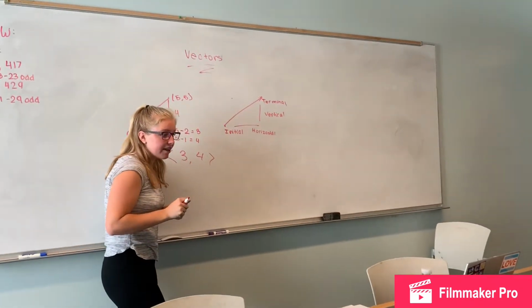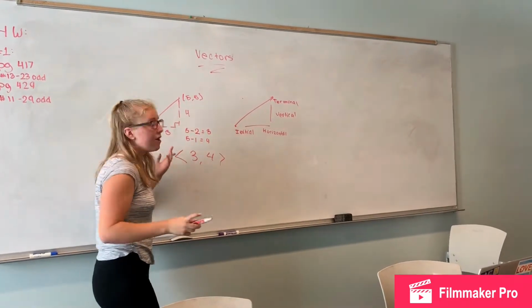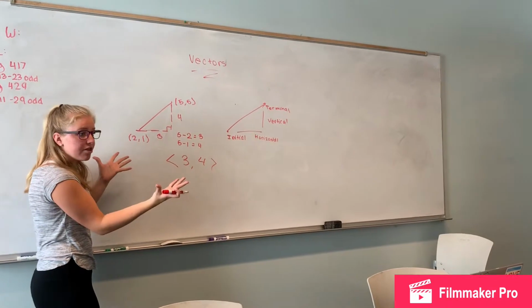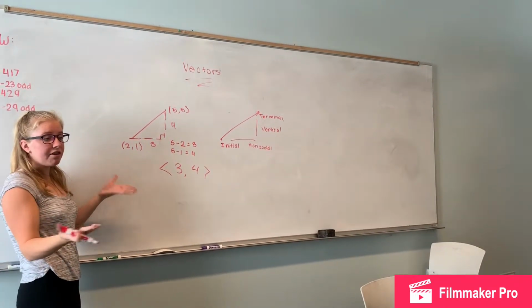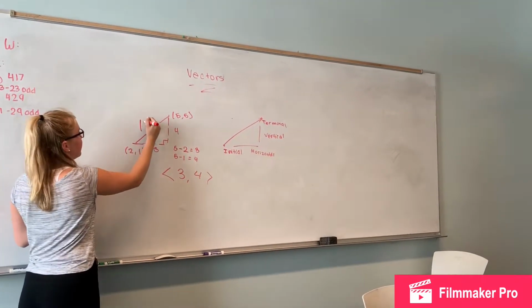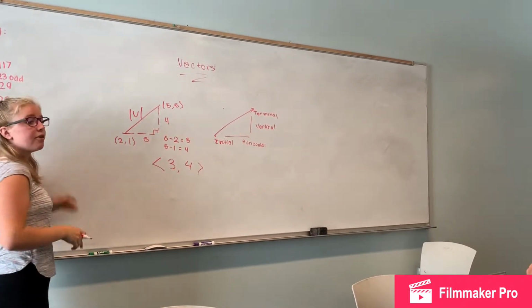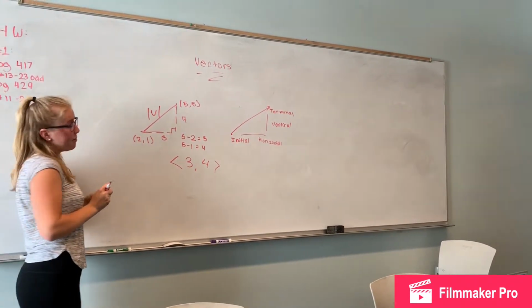If we envision the vector as a right triangle and the hypotenuse is the direction and magnitude of the vector, we can use the Pythagorean theorem, just like you said. Now, to find the magnitude, we're going to rearrange the Pythagorean theorem equation.